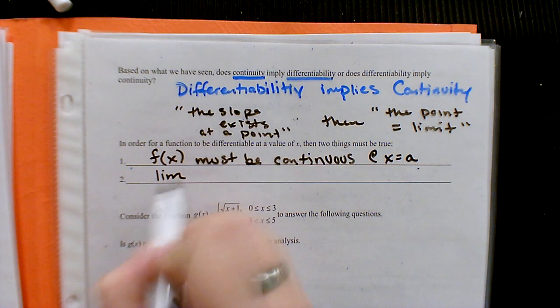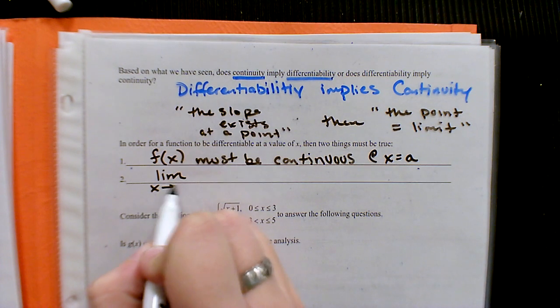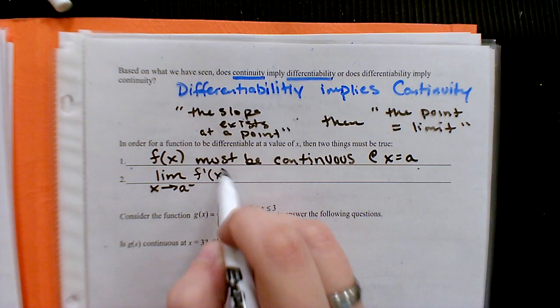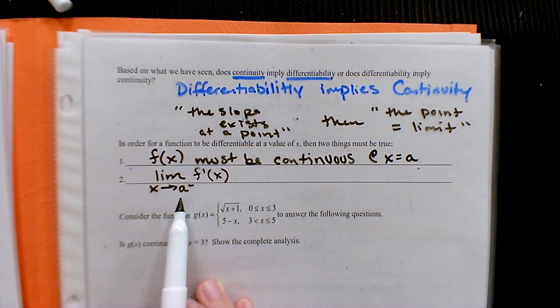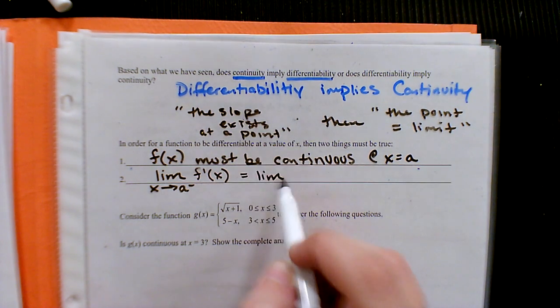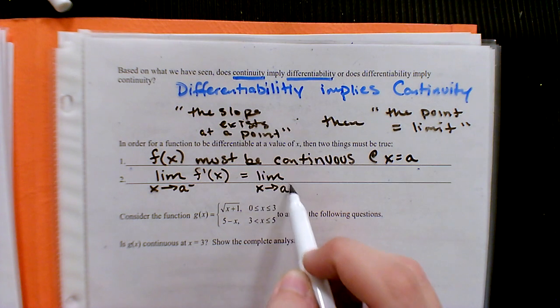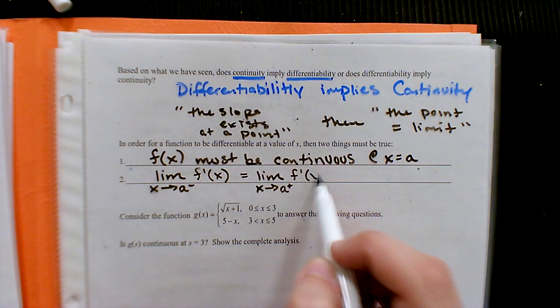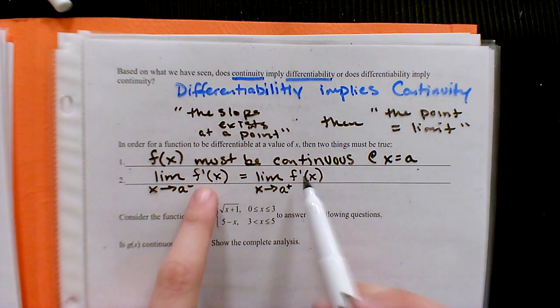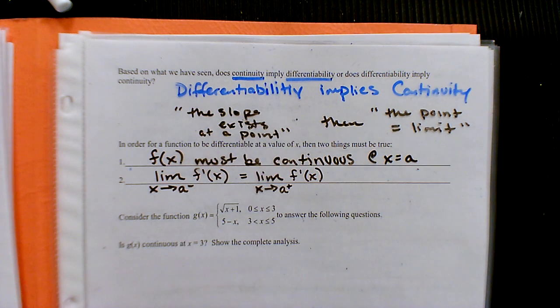So in terms of limits, we're going to check the slope, meaning derivative, from the left of some x location, and make sure that's the same as the slope, aka derivative, from the right-hand side of an x location. Notice how I'm using f prime instead of f.